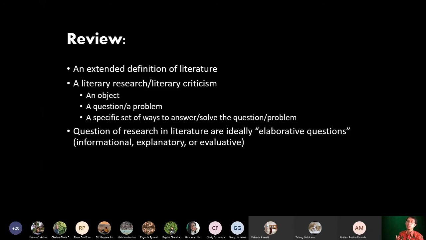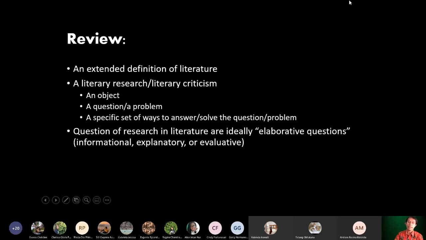Or you can also do the evaluative questions, questions that are related to values, how you see things, related to ethics, about right or wrong, good or bad, ethical or unethical, and so on.